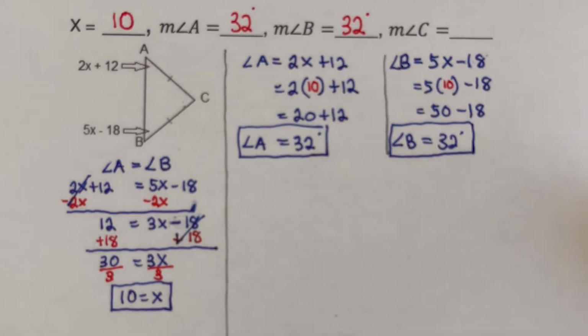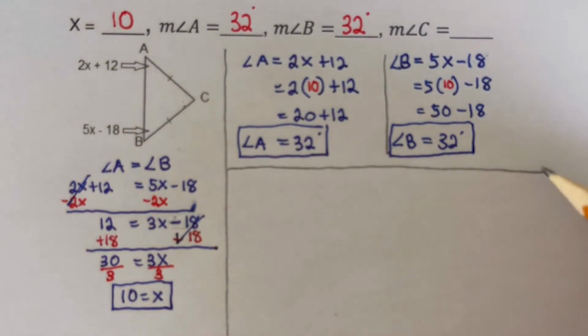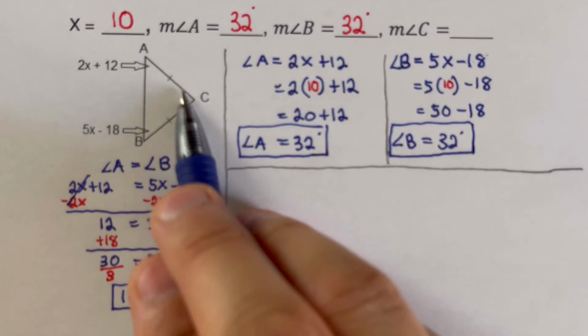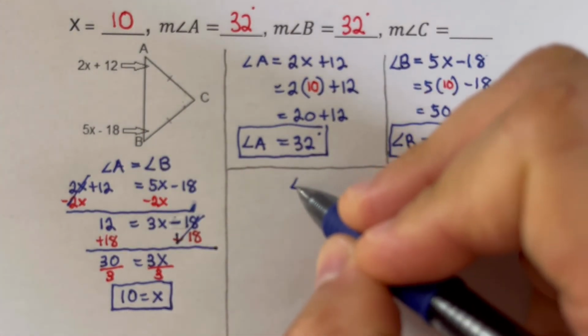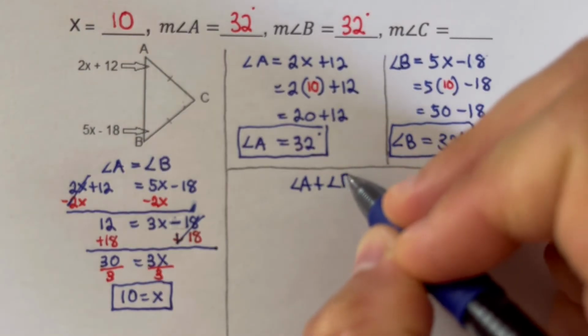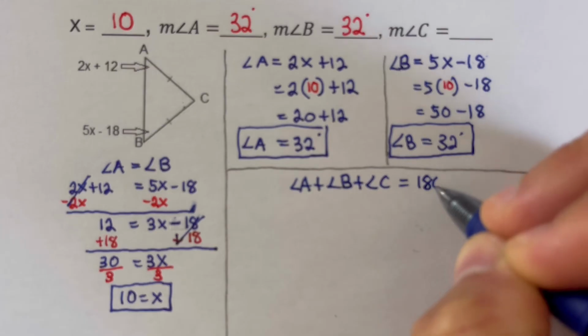Now, we are supposed to determine the measure of angle C. Please remember that the sum of all the measures inside the triangle should always be 180 degrees, so we can go ahead and set up the equation. We add all of these three angles and equal them to 180. So angle A plus angle B plus angle C should always be equal to 180 degrees.